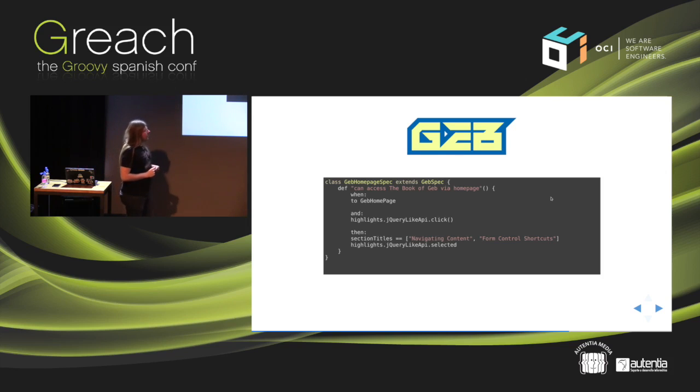It has a really nice Spock integration as well, and this is an example from the official documentation. You basically tell the browser what to do, like visit this page, click on this button, whatever, and then you can also query the resulting DOM and assert that the things happened as you expect.